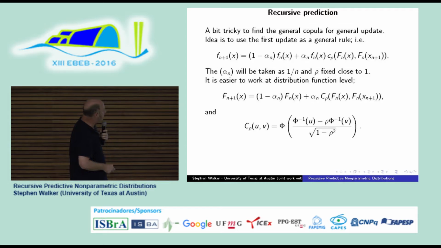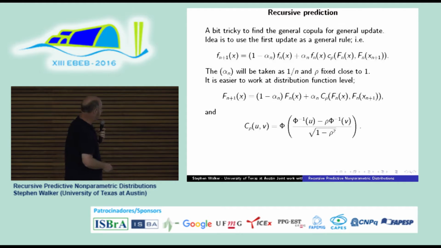So this is a remarkably trivial update to perform. I have these distributions. I just need to evaluate the Gaussian copula at a few points, take a grid of x's. I just need to work out what sequence alpha n guarantees this behaving in the right way.